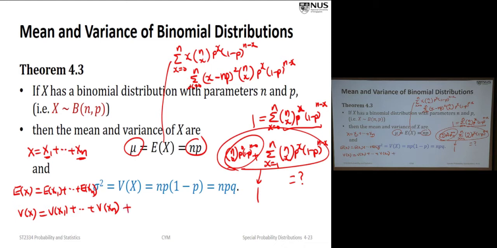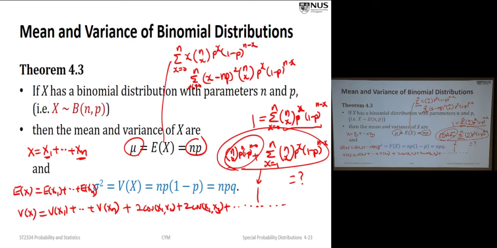There are some other terms: 2 times covariance of x1, x2 plus 2 times covariance of x1, x3. Wow, I don't even want to write so many. Any two of them: x1, x2, x1, x3, x1, x4, and so on. So many terms.